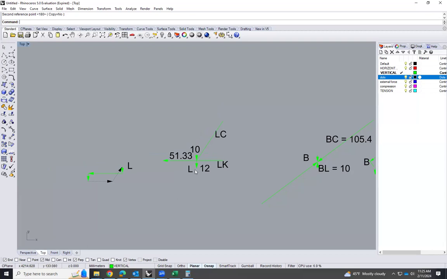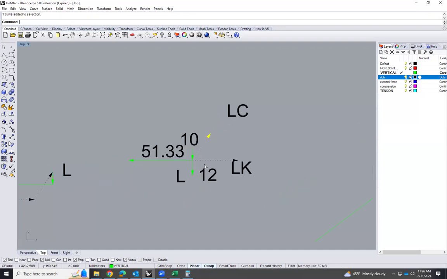Okay, so now we can make this LK and LC like that.